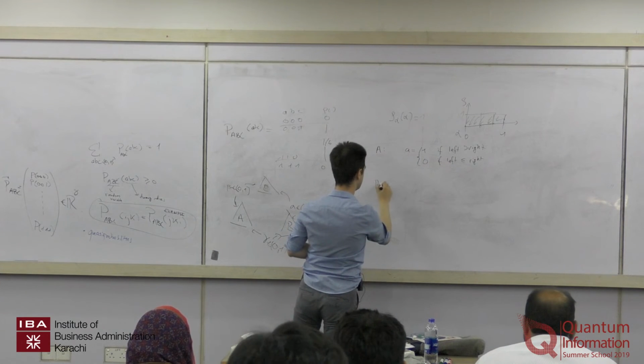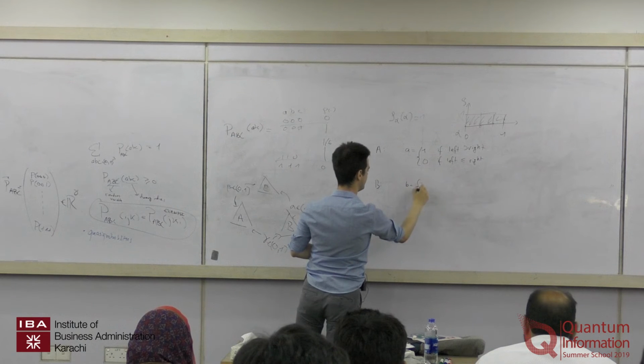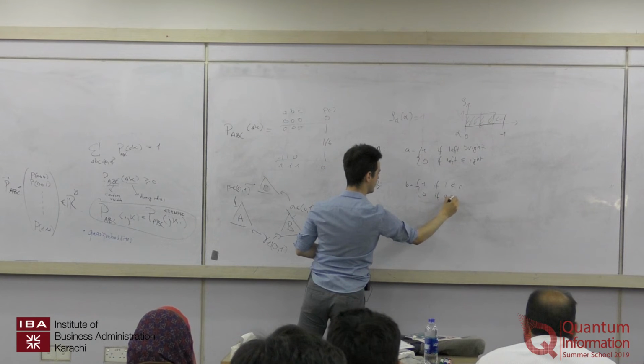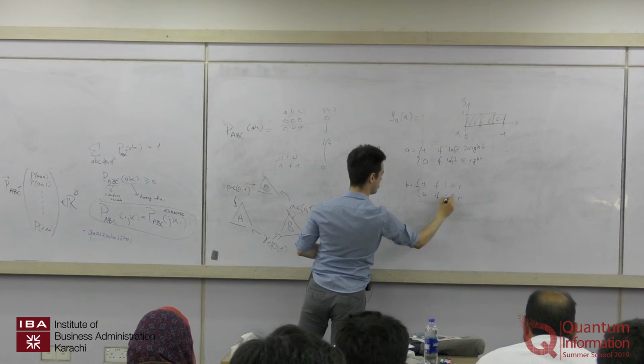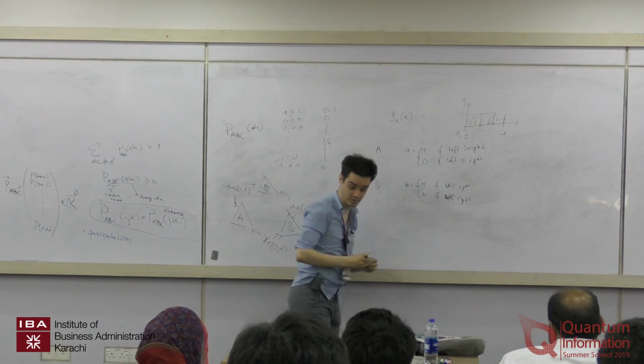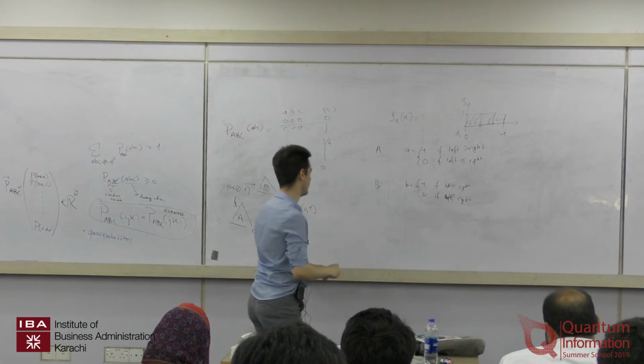And then for B, 1 if the variable on the left is less than the right. So why did I put left and right instead of variables? It's just to show you the symmetry of the model. And then I don't need to write Charlie.